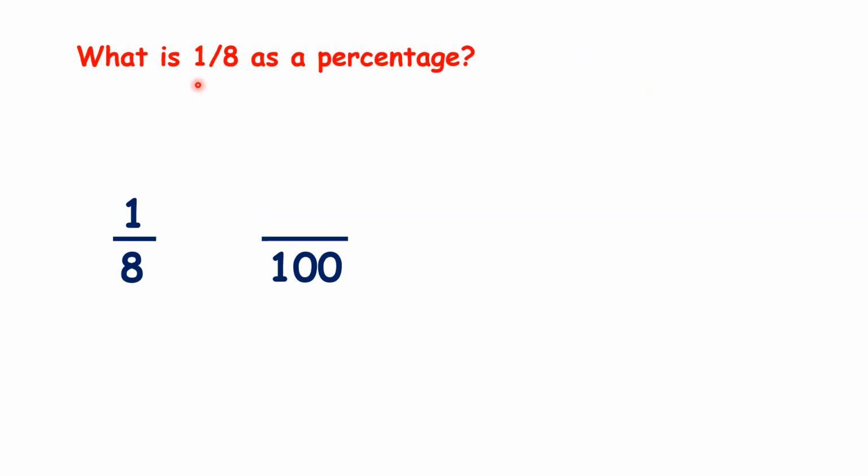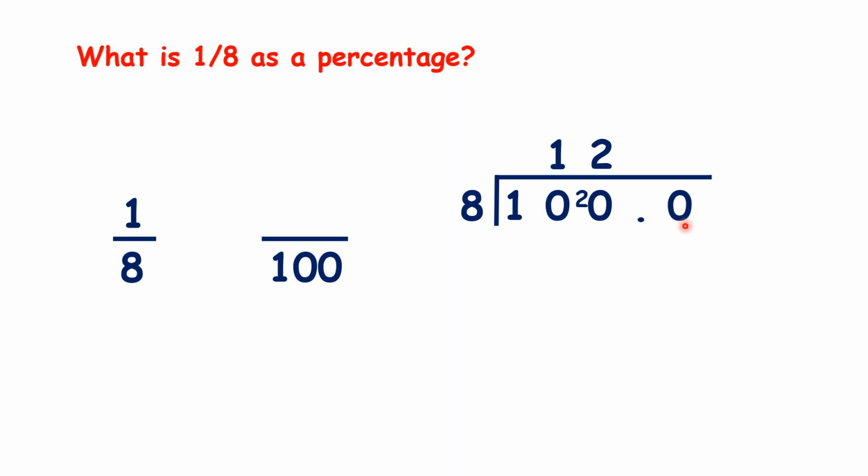Now this is much harder. What is 1/8 as a percentage? This is tricky because 100 isn't a multiple of 8. If we divide 100 by 8, 10 divided by 8 is 1 remainder 2, but then 20 divided by 8 is 2 remainder 4, so we need to extend our question to the 10th place before moving the remainder.